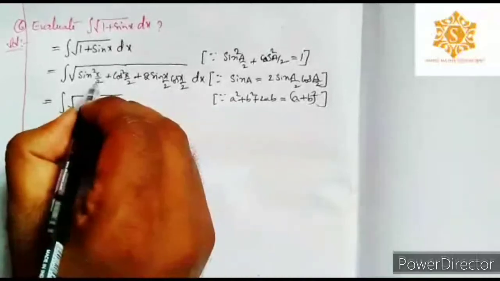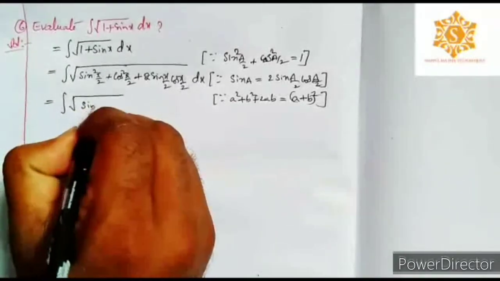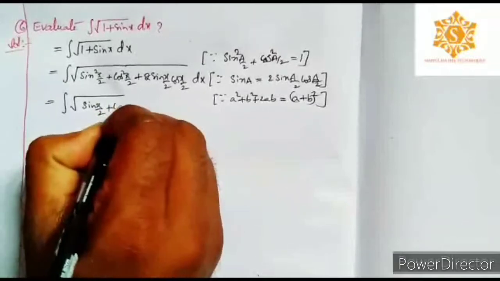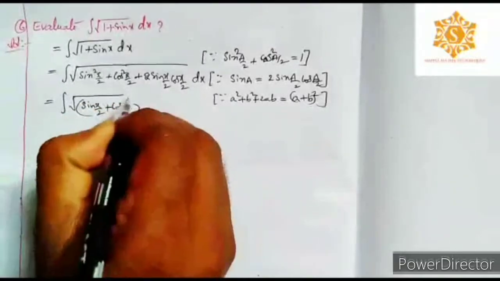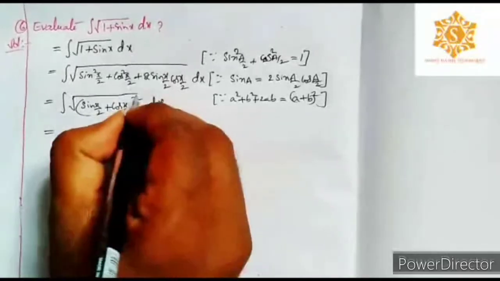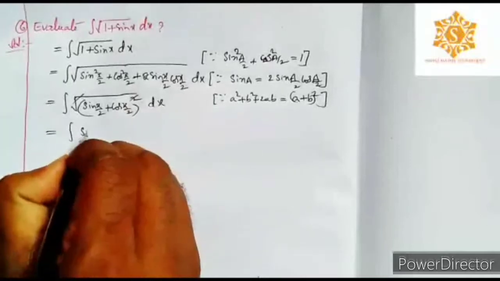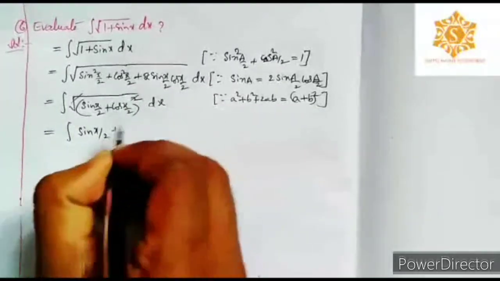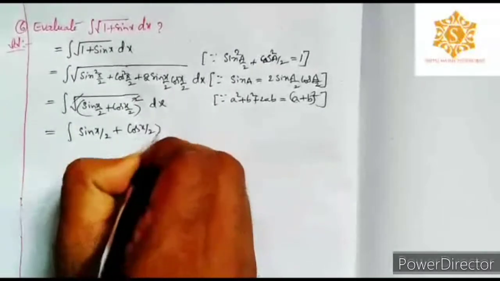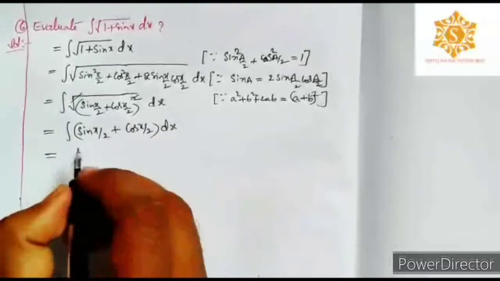Using this formula you can write this as sin x by 2 plus cos x by 2 whole square into dx. So now cancel the square and root. Remaining we have integration of sin x by 2 plus cos x by 2 into dx. So now separate the integration.